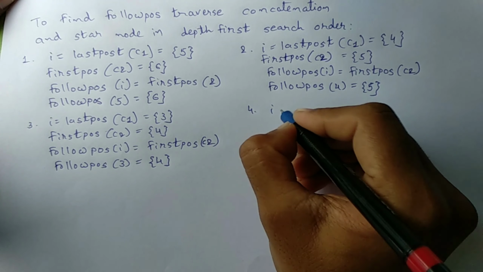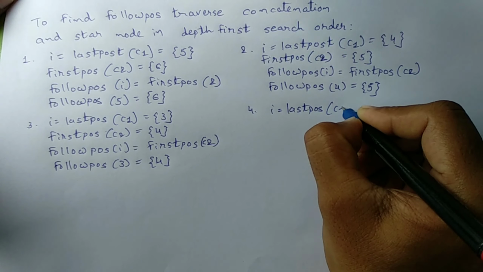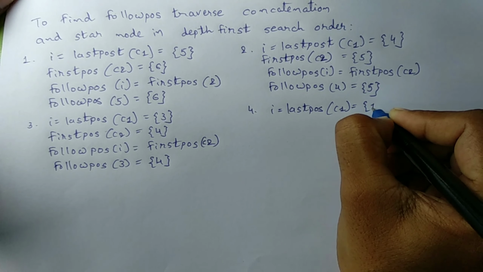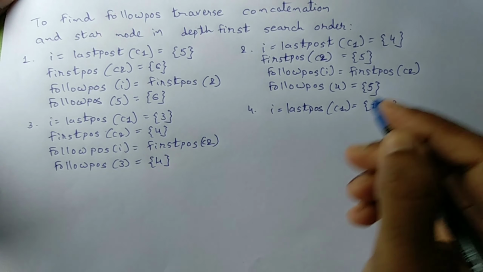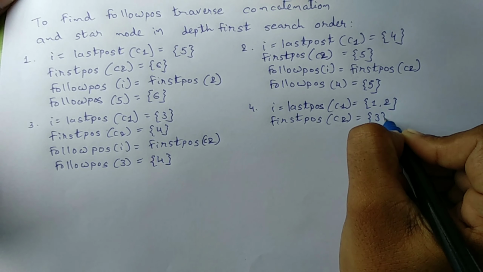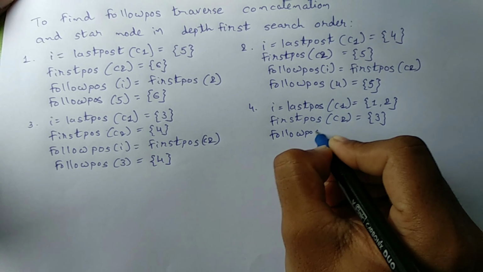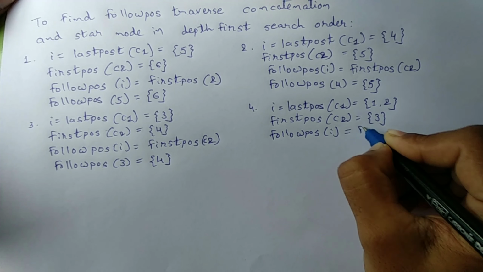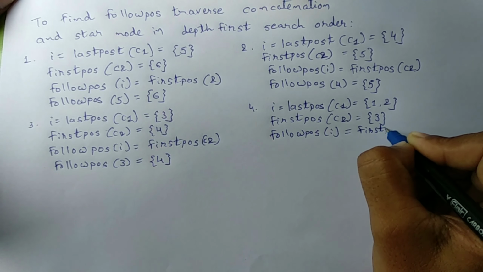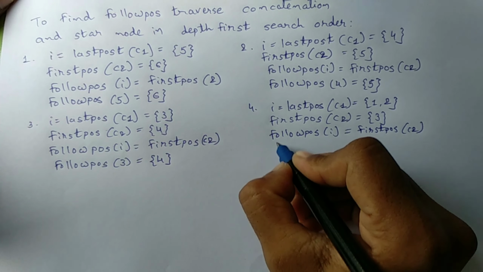Next i equal to last position of c1 equal to either 1 or 2. So first position of c2 equal to 3. Follow position of i equal to first position of c2.